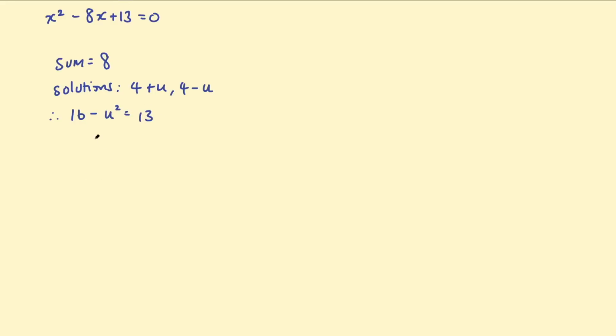And then, well, if we rearrange this, we would add u squared to the right hand side, take 13 from the left, we would have u squared equal to 3, and then u equals the square root of 3. Then our solutions become 4 plus u and 4 take u. So we have 4 plus root 3 and 4 take root 3. And they are the solutions to this quadratic.